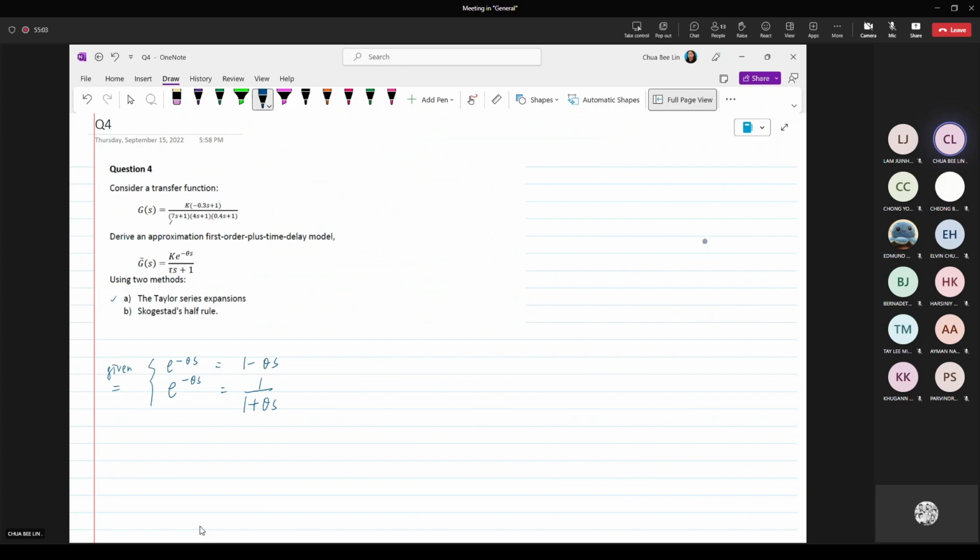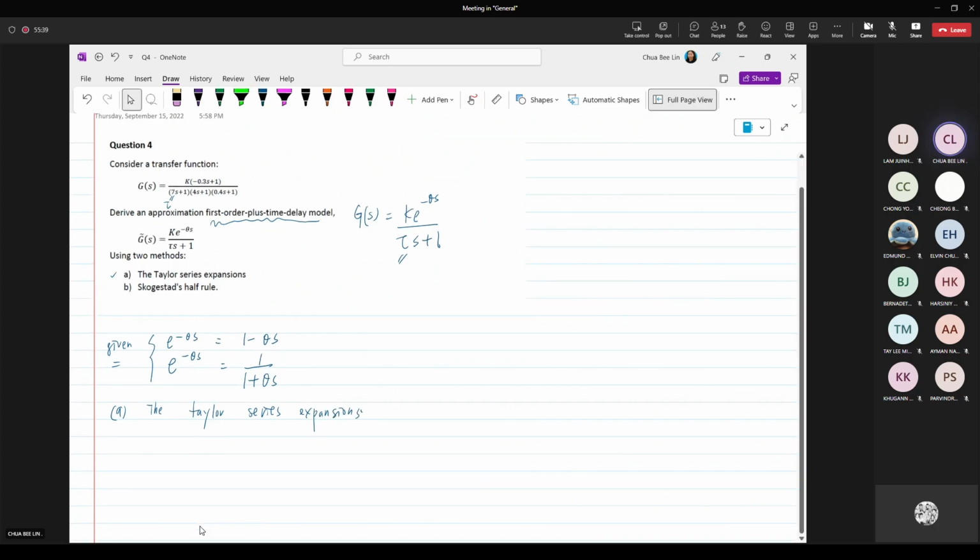And they ask you to derive the first order plus time delay model, which means you'll be having G, G as a function of s, will be K e to the negative theta s over tau s plus 1. So the tau is already solved. If it is Taylor's expansion, so I put here, A, using the Taylor series expansions.